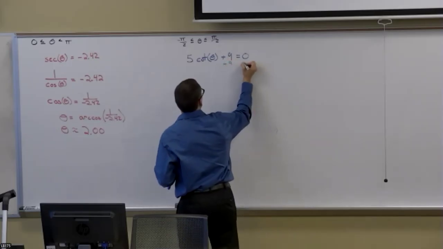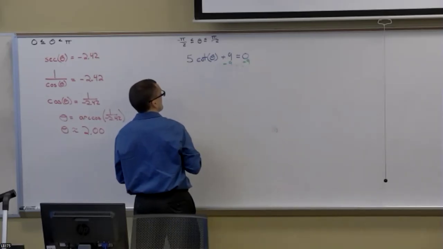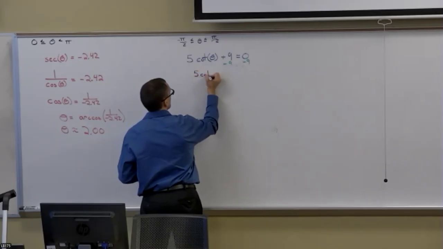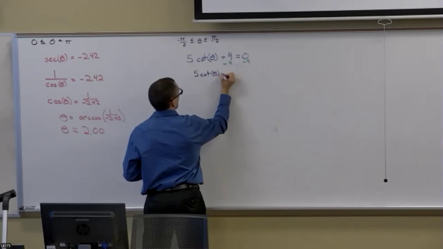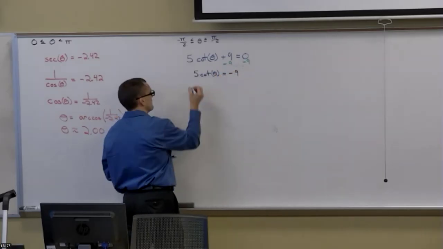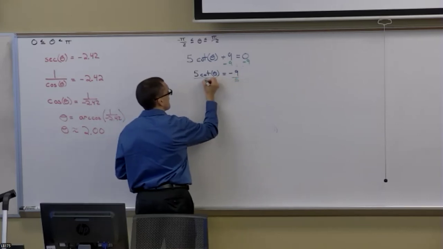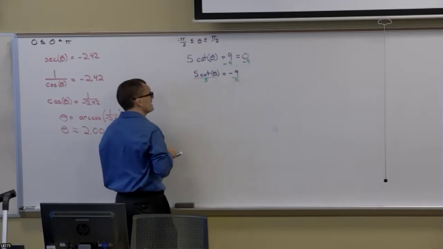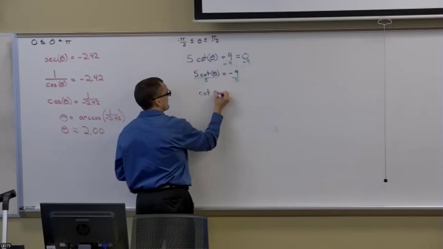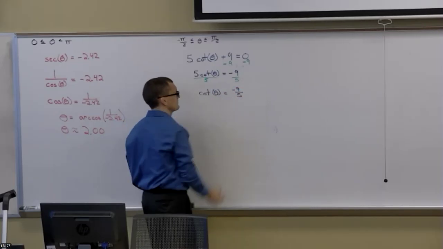Here, we would want to isolate the cotangent before we do anything. So we would get 5 times cotangent is equal to negative 9. Then divide both sides by 5. We get cotangent of theta is equal to negative 9 over 5.